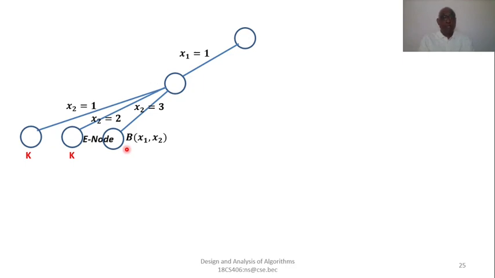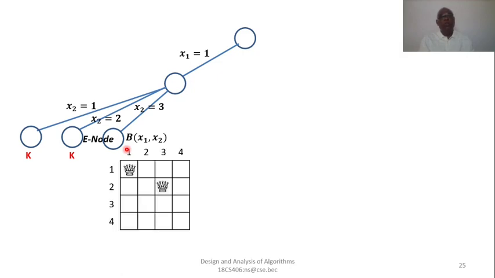For our illustration, this node corresponds to this board configuration, x1 equal to 1 and x2 equal to 3. The second queen is placed in the second row, in column number 3. Because this node becomes the E node, we create the children of this E node and try to expand the solution by adding the next component, the value of x3.